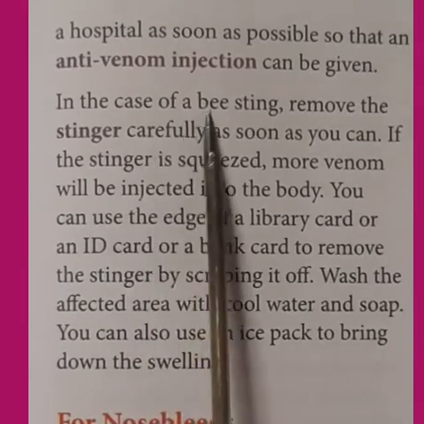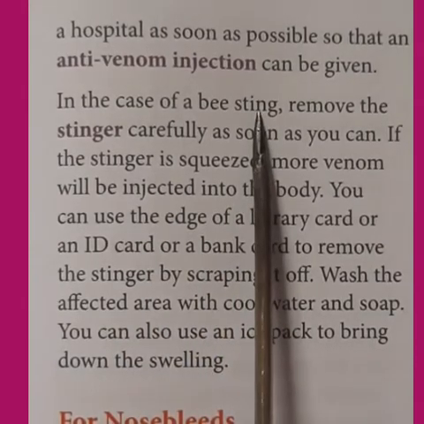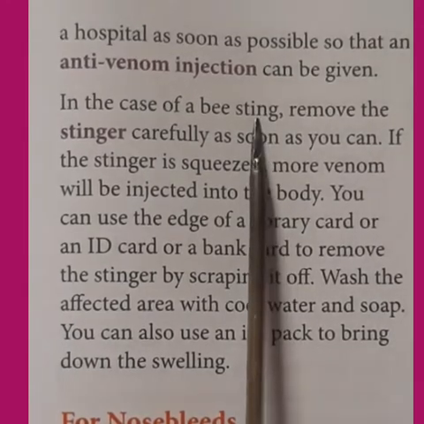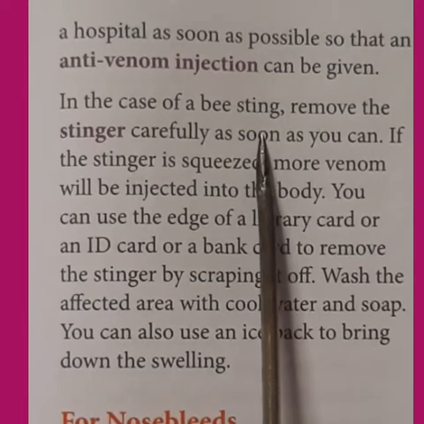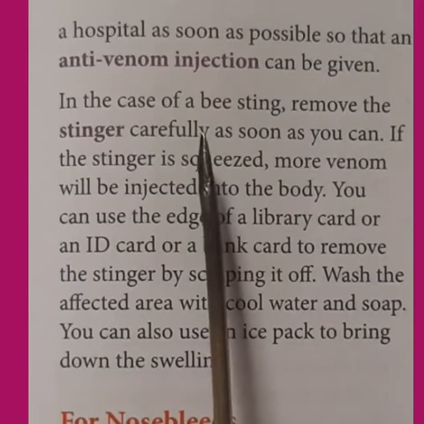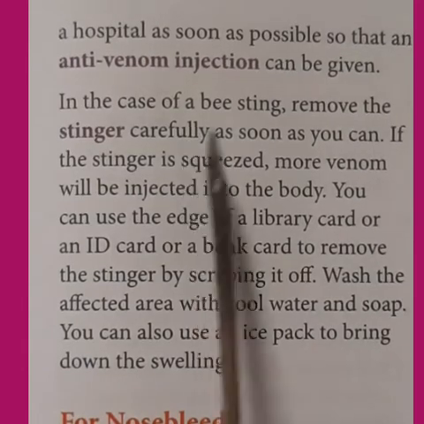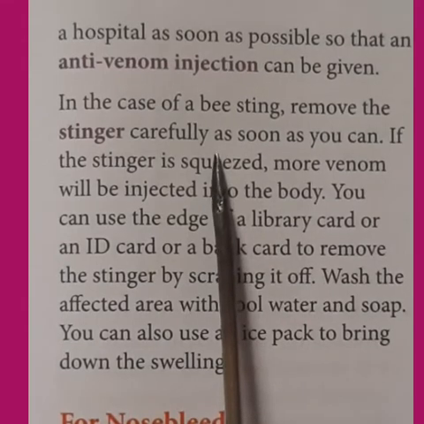In case of a bee sting, what do you mean by sting, children? In insects like bees, ants, and scorpions, there is a small pointed organ at the end of their abdomen. Okay, and this organ is capable of injecting poison.